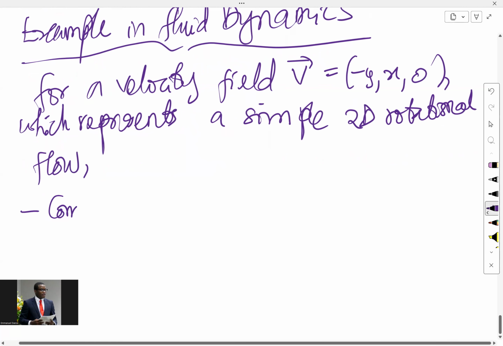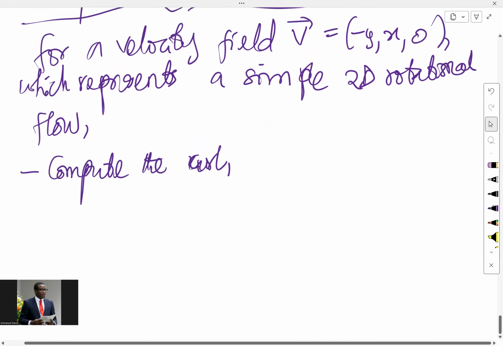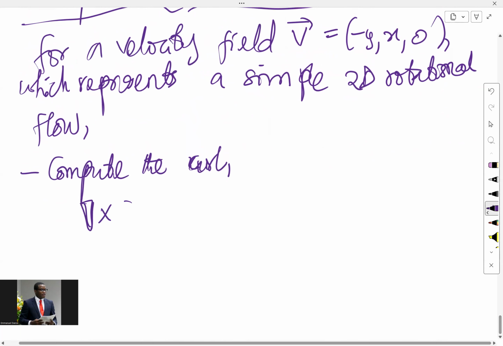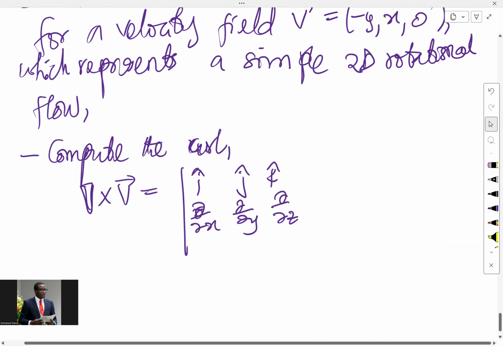Let's compute the curl. Again, we know that is a vector product, so that is del cross V, which is again the determinant with i, j, k, then partial x, partial y, partial z, and then minus y, x, 0.